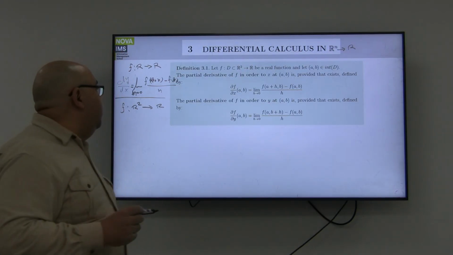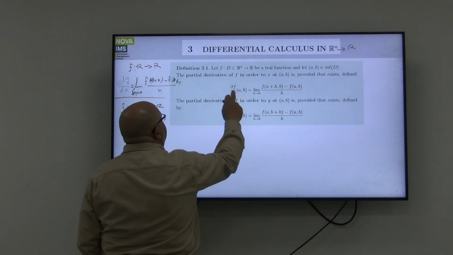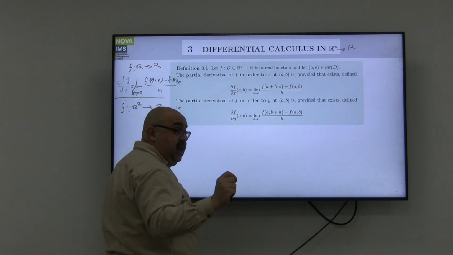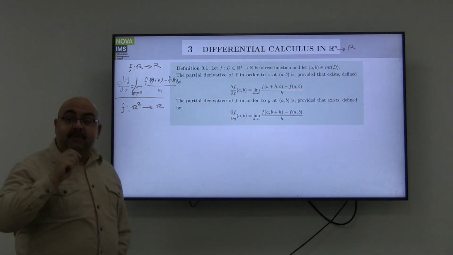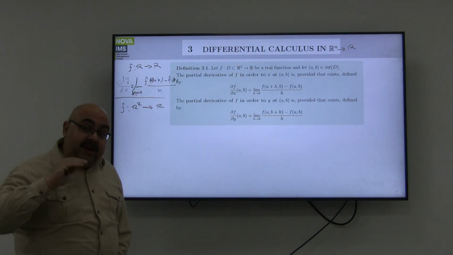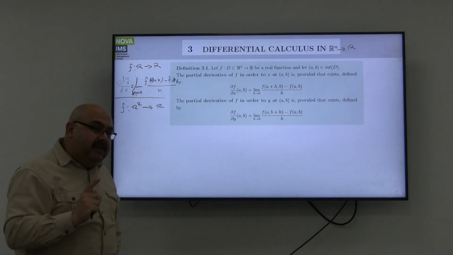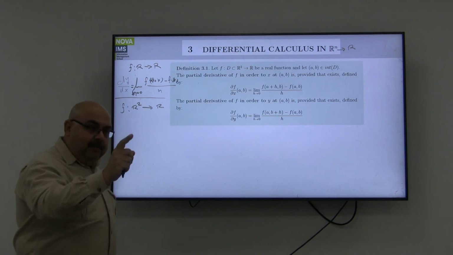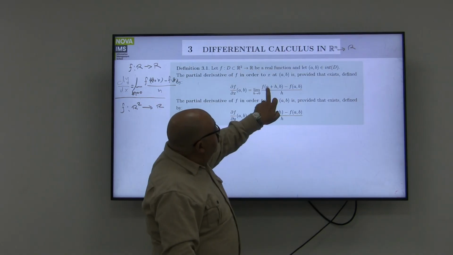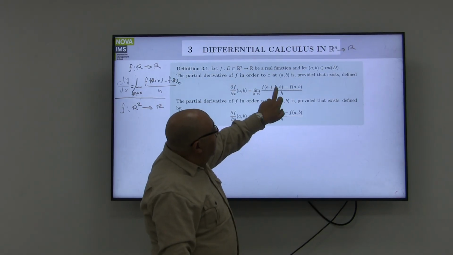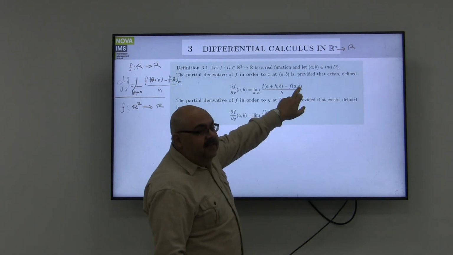The sign of the partial derivative is partial f divided by partial x. In this case, I have two values, a and b. If I'm using the definition in the direction of x, only the first coordinate will feel the change. It's going to be f of a plus h, and b is constant, minus f of a, b, divided by h.